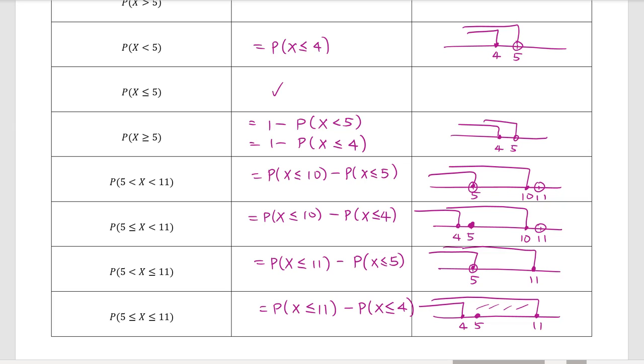Now you can see whether we include the endpoints or not really changes the CDF values. So you've got to be very, very careful. Do we include the left endpoint? Do we include the right endpoint? I suggest you always draw this picture, and then you can figure out which bounds to use for the CDF values.